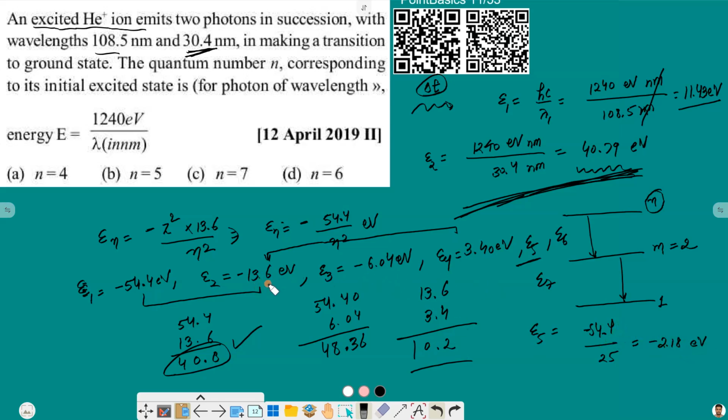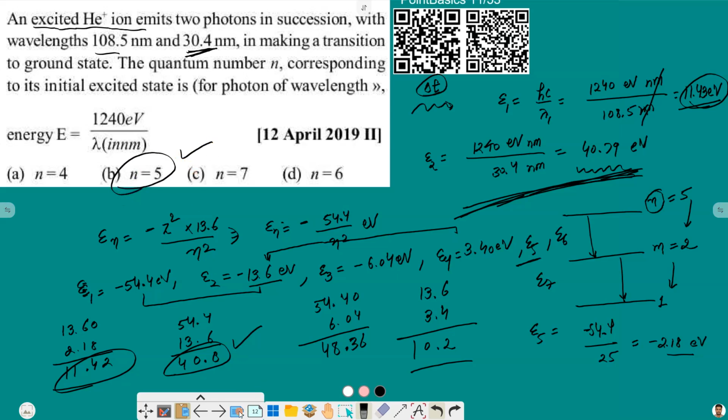Now if we check the energy difference between the second and fifth level, that will be 13.6 minus 2.18, and that is 11.42, and we require 11.43. So that means the final level is fifth. So the transition is happening between the fifth level to the second level, and then the second level to the first level. So the value of n is going to be 5 here.